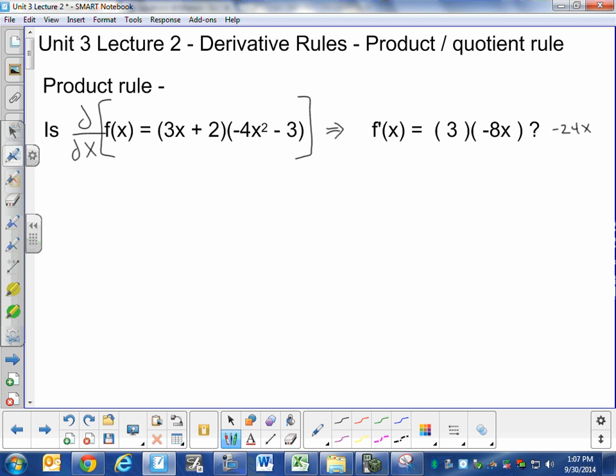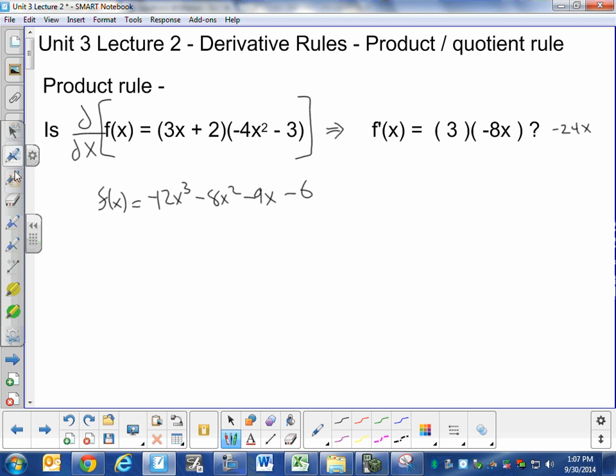No, Mr. Slaughter, why? Because if we multiply it out first and maybe simplify things, we would be able to use the power rule. And this is negative 12x cubed. I'd have a negative 8x squared, a negative 9x, and a minus 6.